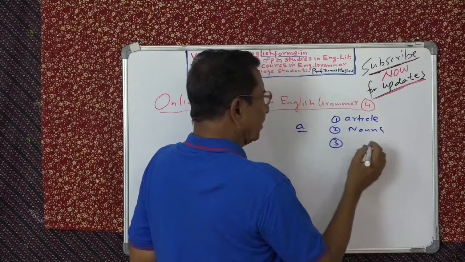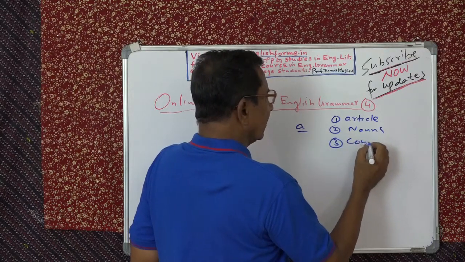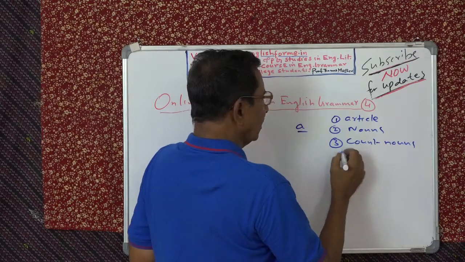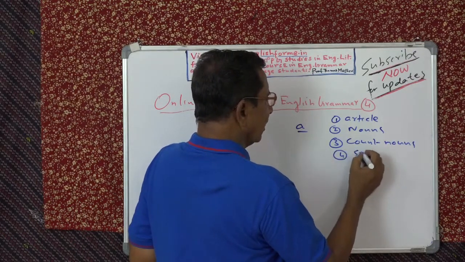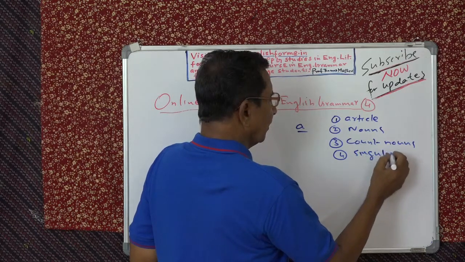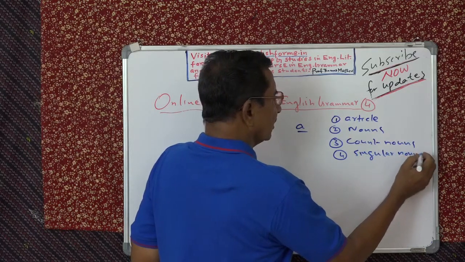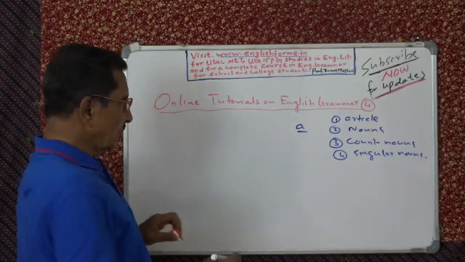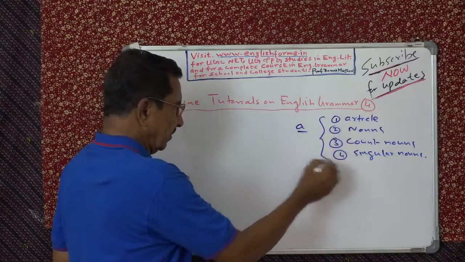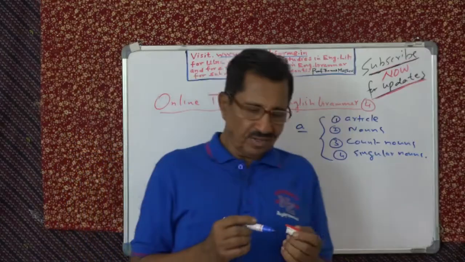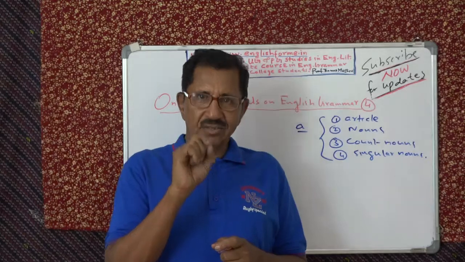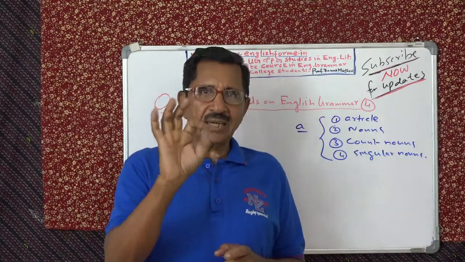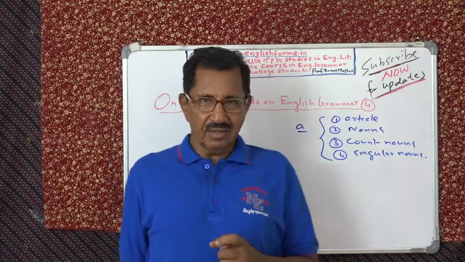Three, it is used with singular nouns. Nouns means names. So our knowledge so far is: article a is used with singular count nouns, not plural.